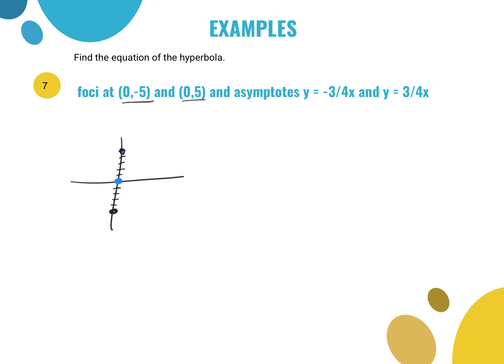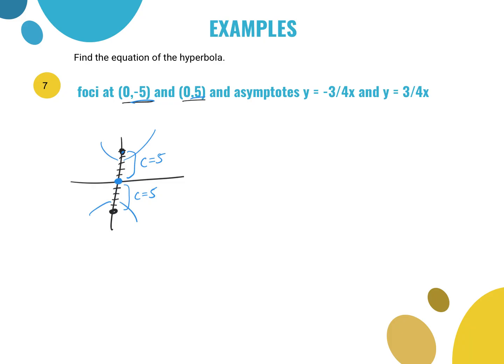All right. Another thing that I know is that since these are my foci, these are my c values. So that means c is going to equal 5. C has to be 5 units, right? What else does this tell us? This tells us that our hyperbola is going to open up and down, right?